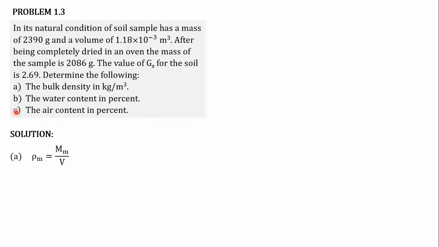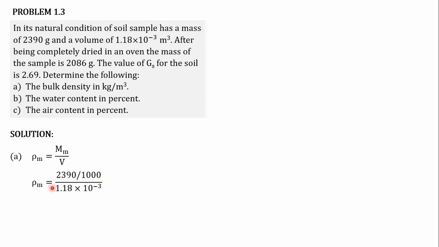Take note that the mass ng moist soil is 2,390 grams. I-convert lang natin to into kilogram. So therefore, 2,390, i-divide lang natin to ng 1,000 grams para makilogram ito.